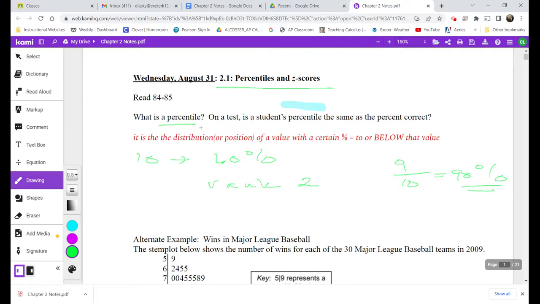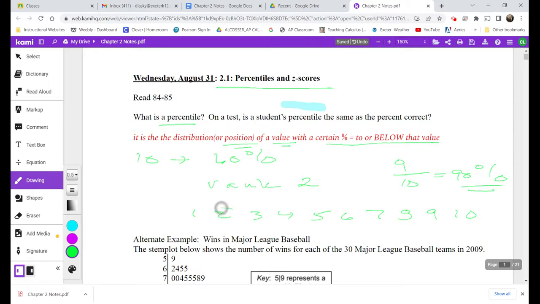So really, what a percentile is, it's a position of value, okay? And it's with a certain percentage equal to or below that value. So it's a rank of order. So if we rank him, we had scores 5, 6, 7, 8, 9, 10. He was the second ranked, right?